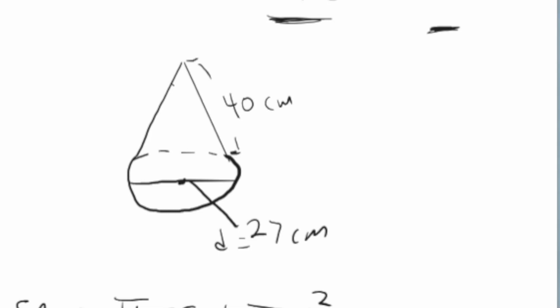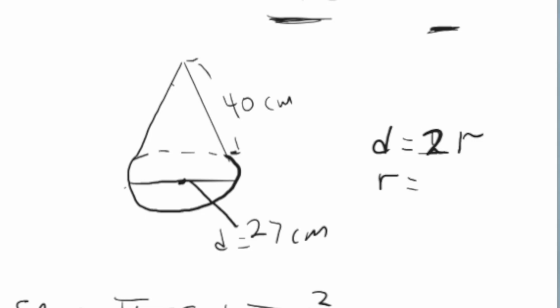But what we were given in the question was a diameter. And we know that diameter is equal to 2r, because radius is from the center to the circumference, and the line that passes through the center from one circumference to the other is the diameter.